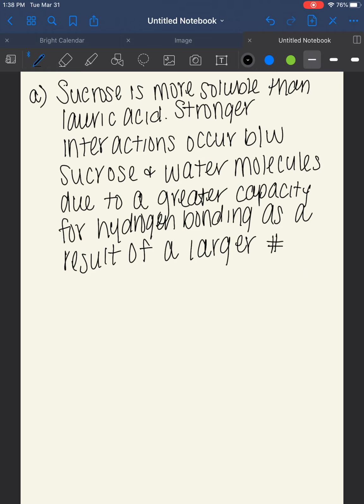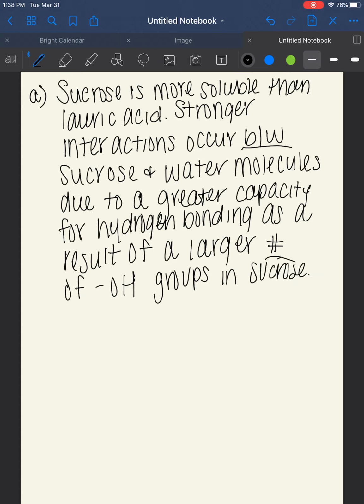Whenever you're writing out your answers, my students, please write the full word. So for between a number, I'm just doing it as a shorthand right now. Due to a larger number of OH hydroxide groups in sucrose.